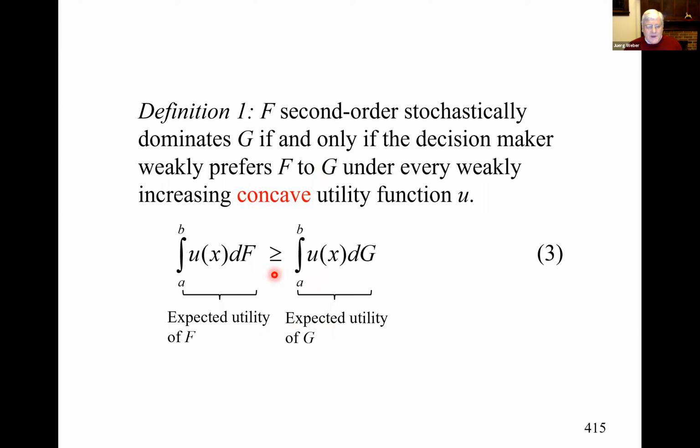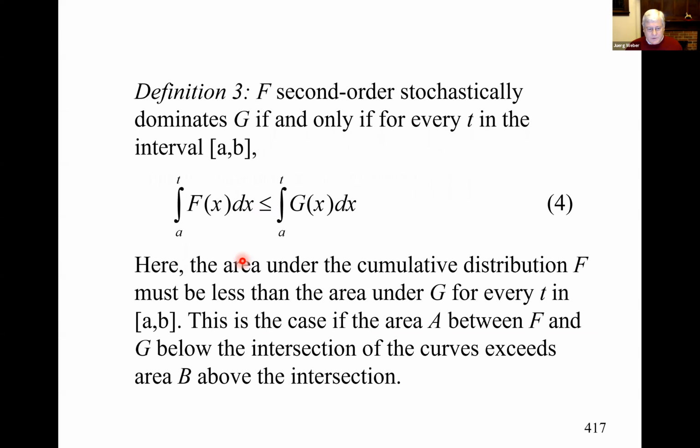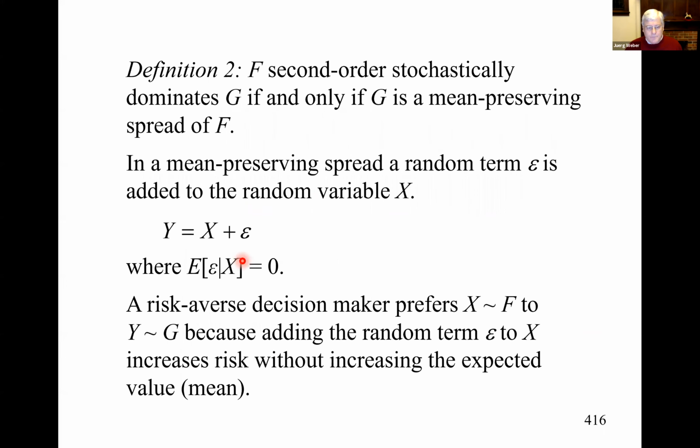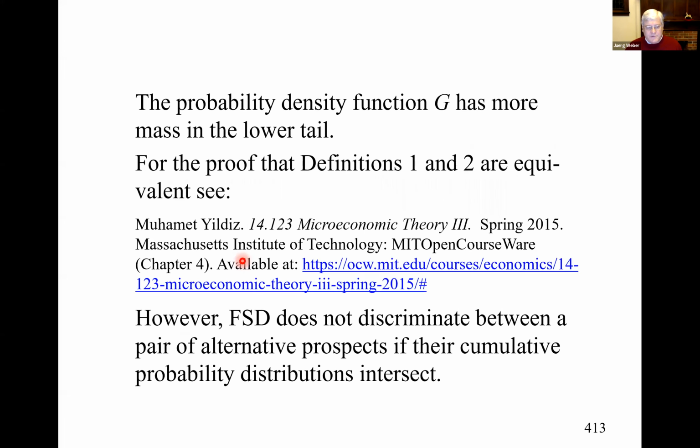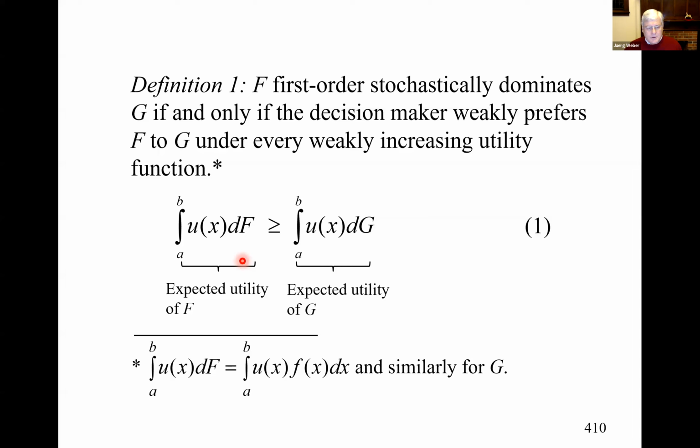So here we have the expected values written down. And if you like, you can break up this dF. You can write it down as I have it here in the footnote. For the dF, you can write down f(x), the density, times dx. This gives you the dF.